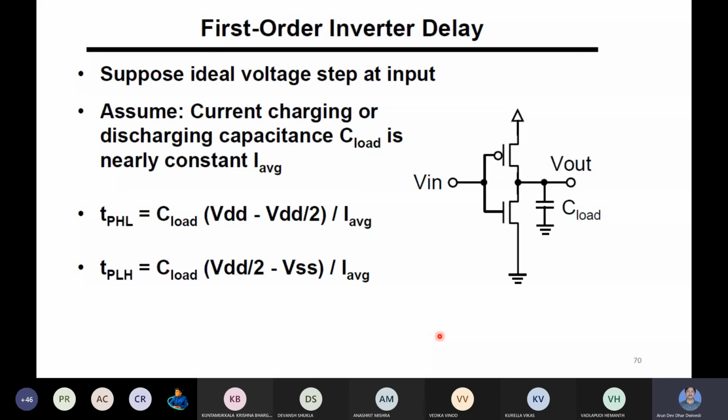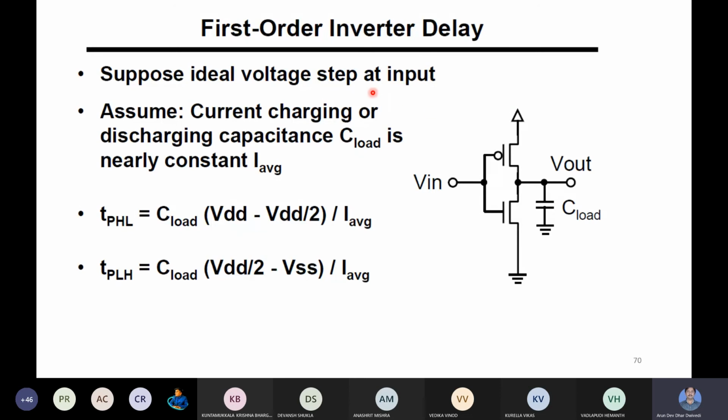So we can consider first order delay. We will do delay calculation in more detail next time, but let us have an idea. This is a CMOS inverter, and now we are considering only one capacitance, C load, which includes all types of capacitances. Suppose an ideal step input voltage, very fast switching, not taking much time, going from low to high or high to low.